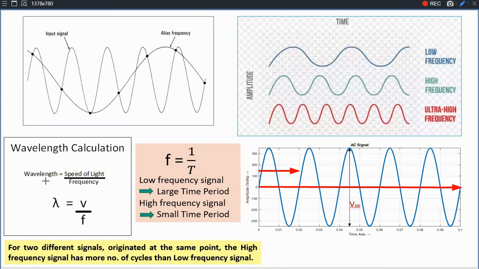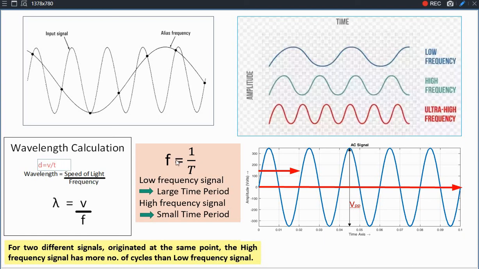And since you know that distance is equal to velocity by time, and you know that frequency is 1 by time, so if I write this formula, as you know that distance d is equal to velocity by time.